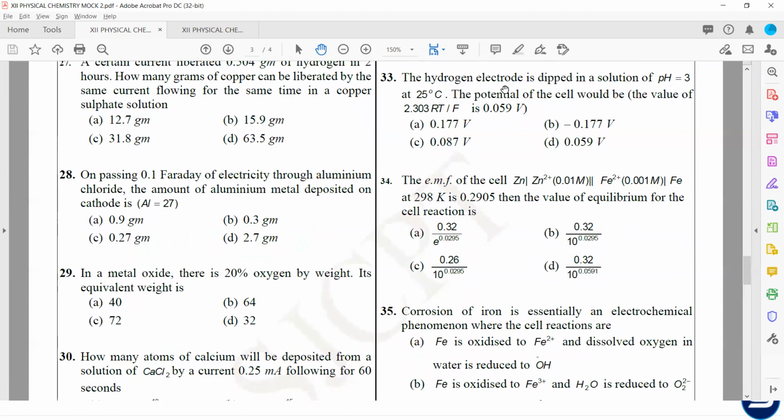33. The hydrogen electrode is dipped in a solution of pH equal to 3 at 25 degrees Celsius. The potential of the cell would be? Are you comfortable with this type of question?